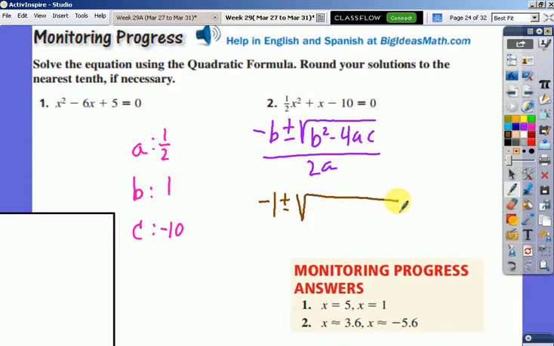What's B squared? 1 minus 4 times A. What's A? 1 half. What's C? Negative 10. Okay, so since I have a negative and a negative, what am I going to end up with here? You're adding something, right? Does that make sense? All over 2A. 2 times what? 1 half.